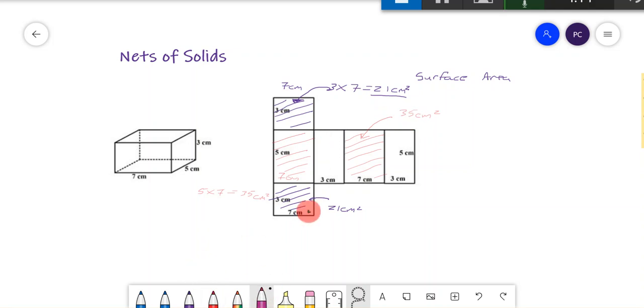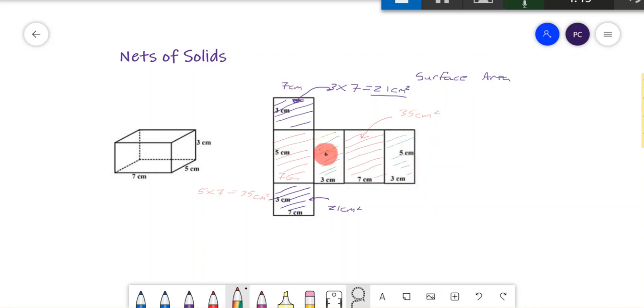And then if we take this dimension here, maybe I might use a different color, that's more obvious. So let's go with this one here. Again the dimension here is 3 centimeters, and then this is 5 centimeters. From here to here, and this one are exactly the same.